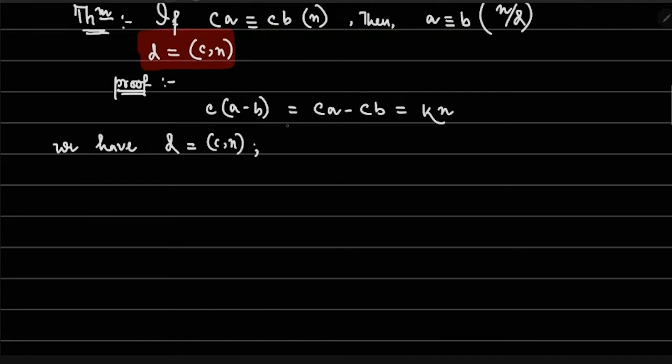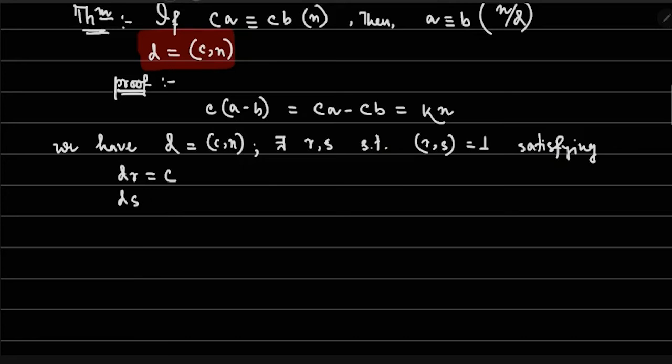Then there exist relatively prime numbers, that is there exist R comma S such that GCD of R, S is equal to 1, satisfying D into R is equal to C and D into S is equal to N.